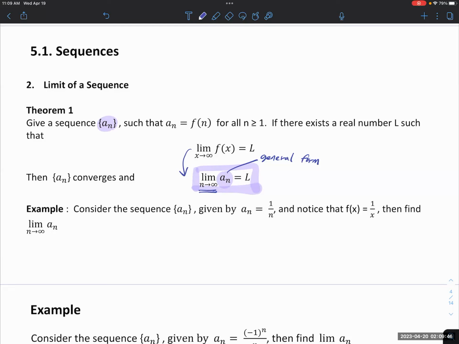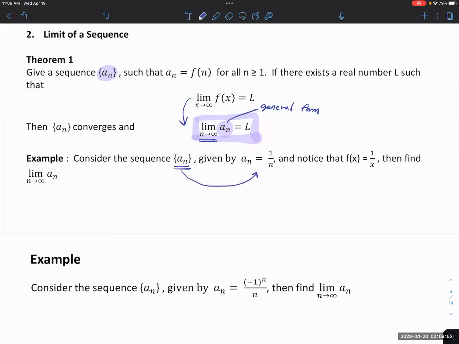Okay, we have a function, and thank you, they already found out the generalized form, an is 1 over n, right? So what does it mean? If n is 1, an equal to 1 over n means 1 over 1, so a1 is 1.